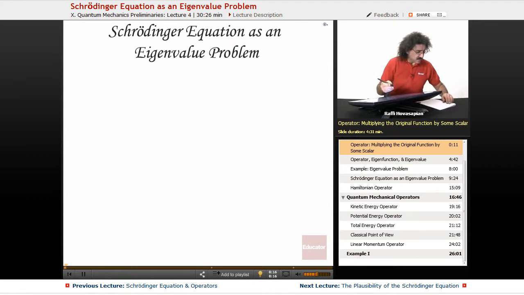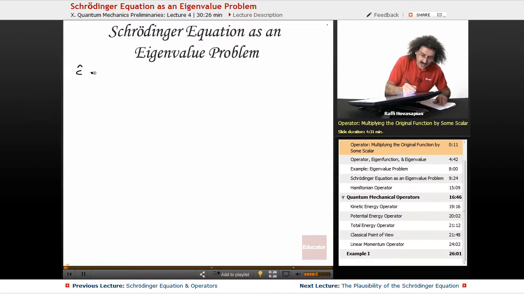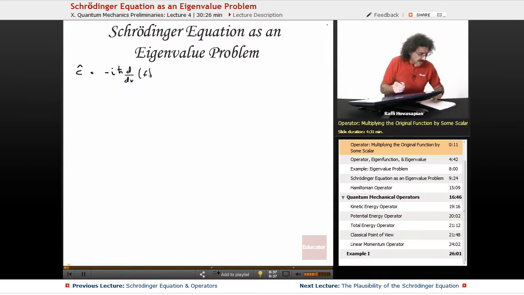Now recall example 3 from the previous lesson. We had an operator, I believe C hat, and we said that this operator was defined by minus i times h bar d/dx of something, whatever f was. And we said that f was equal to e to the i n x.